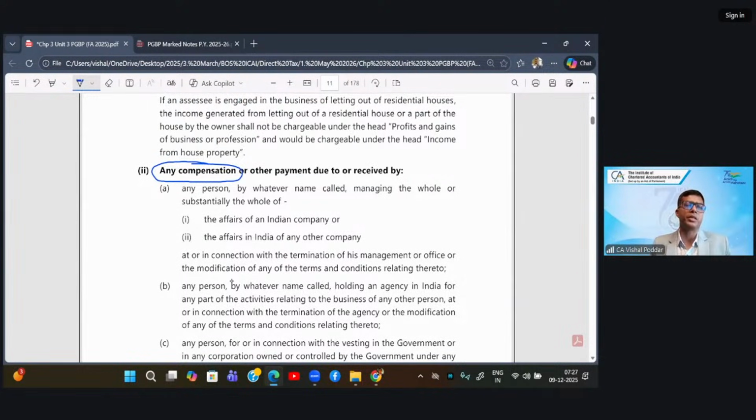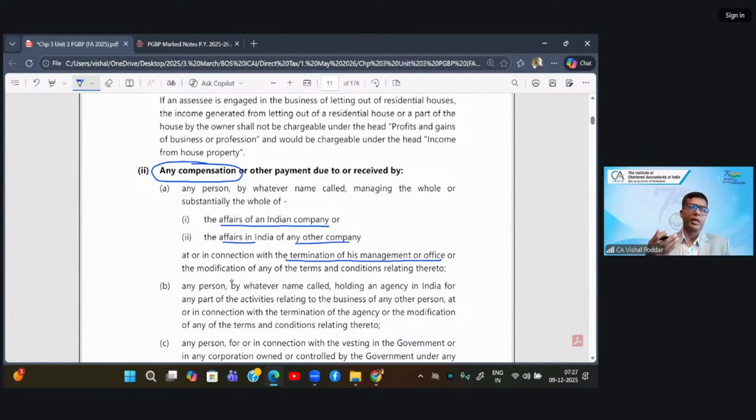The first capital receipt is if you are receiving any compensation relating to termination of your management or of your office. And what was this management dealing with? Affairs of an Indian company, or affairs in India of any other company, so a foreign company.